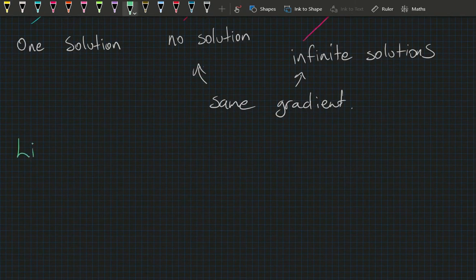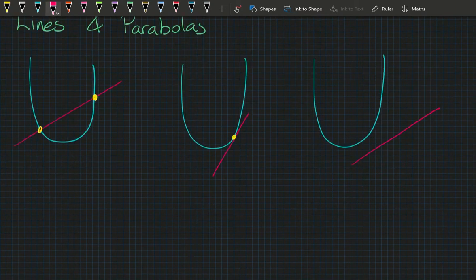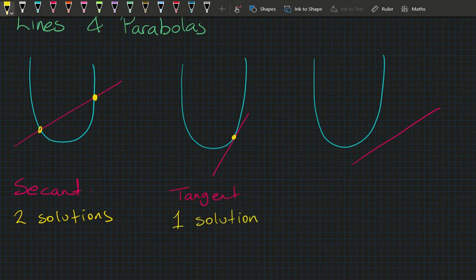So in regards to lines and parabolas, if our parabola and line look like this, this line on the left we call a secant, and it has two solutions. And this line in the middle, we call a tangent, and it has one solution. And we don't really have a name for this one, it's just got no solutions.